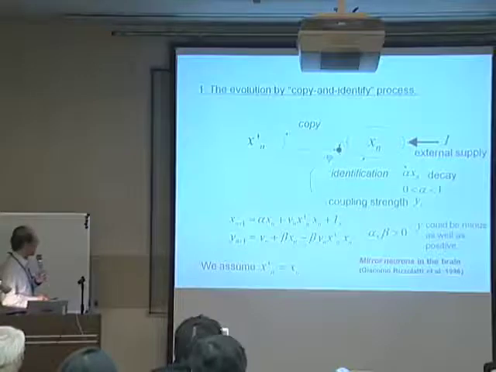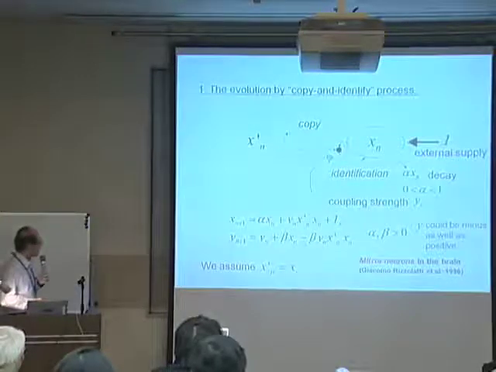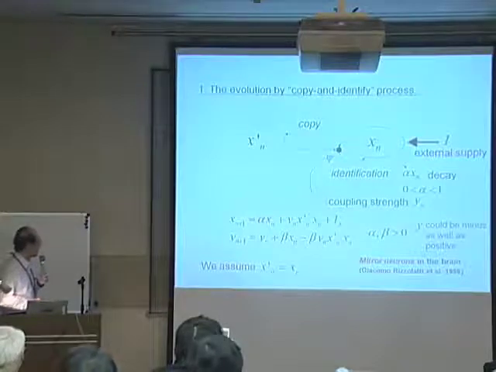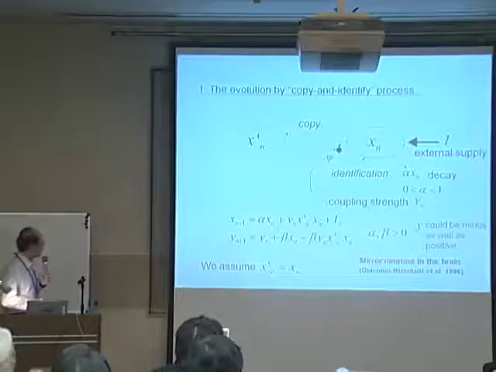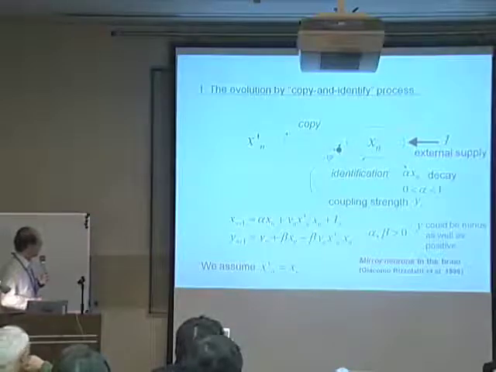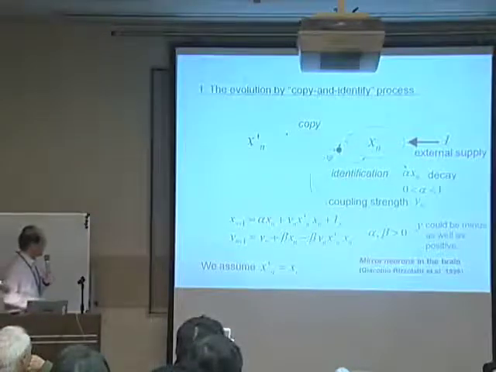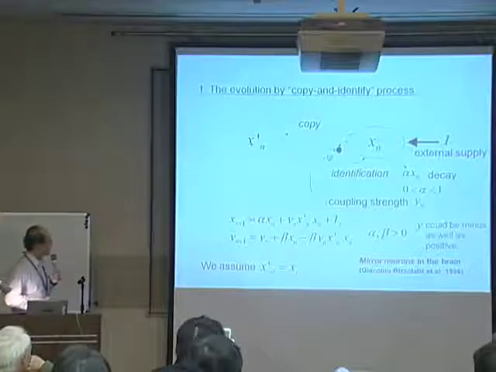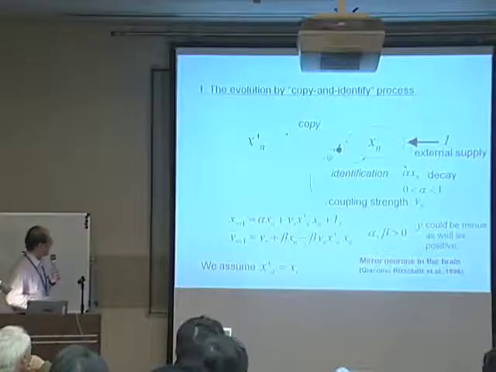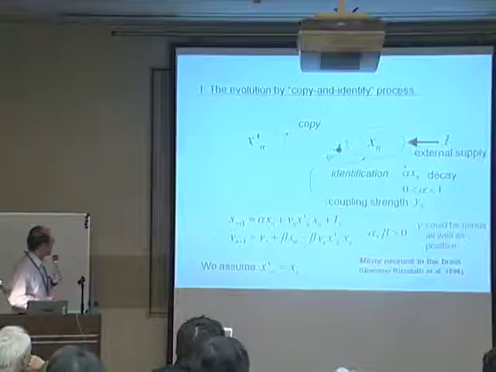And the coupling strength itself is changing; it is increased by the system's parameter itself, but it is changing further by the interaction term. But the sign is opposite. So this is very important. And Y could be negative as well as positive. Here we assume X prime equals X. So that's the complete copy process.